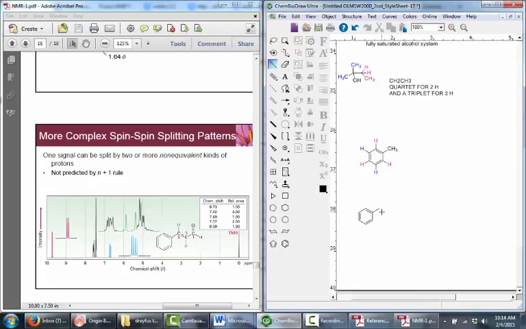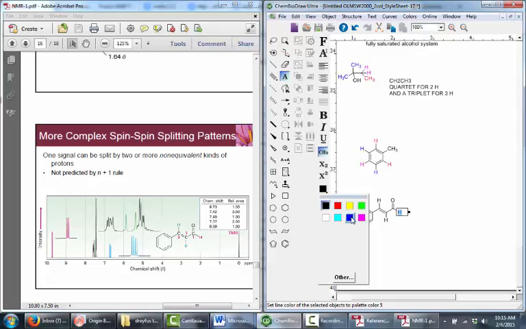So if I look at this structure, let's start with the easy one. This is my aldehyde guy. We'll make him pink. Alright, he's not split by anything. There are no protons on neighboring carbons. Okay, he's way down here.